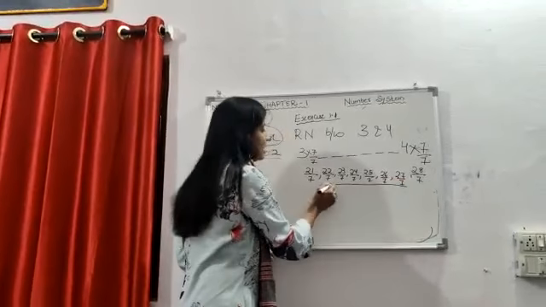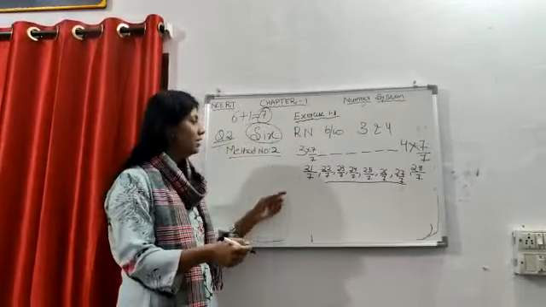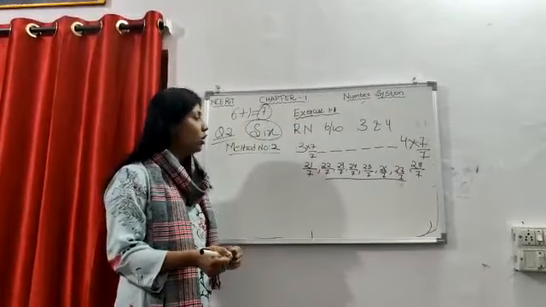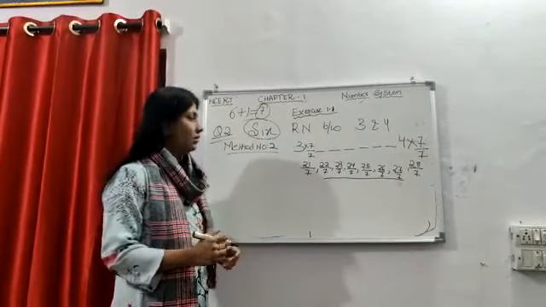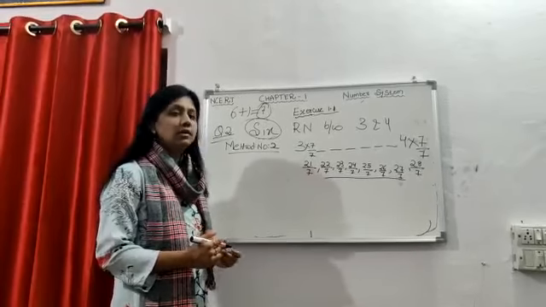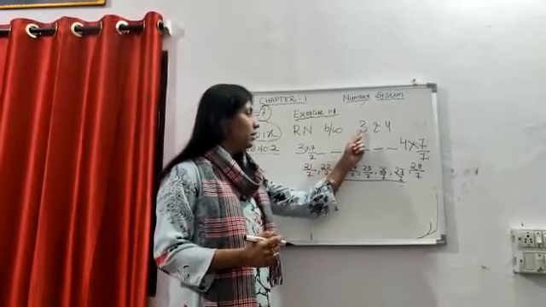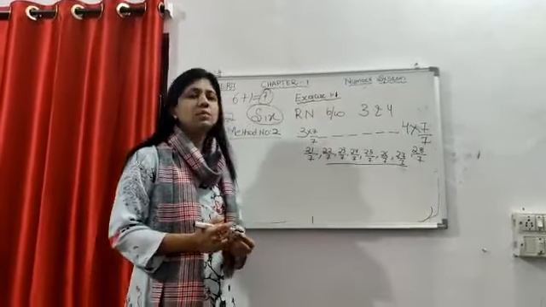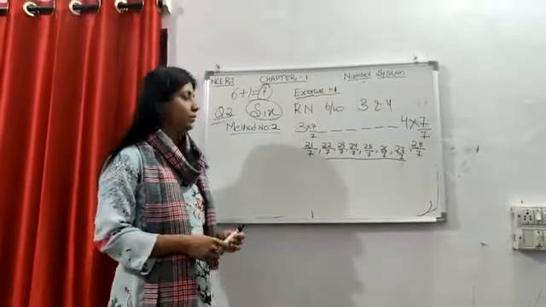So these are the 6 numbers. We have done this in less than a minute. So this is the easiest method to find 6 rational numbers between 3 and 4.